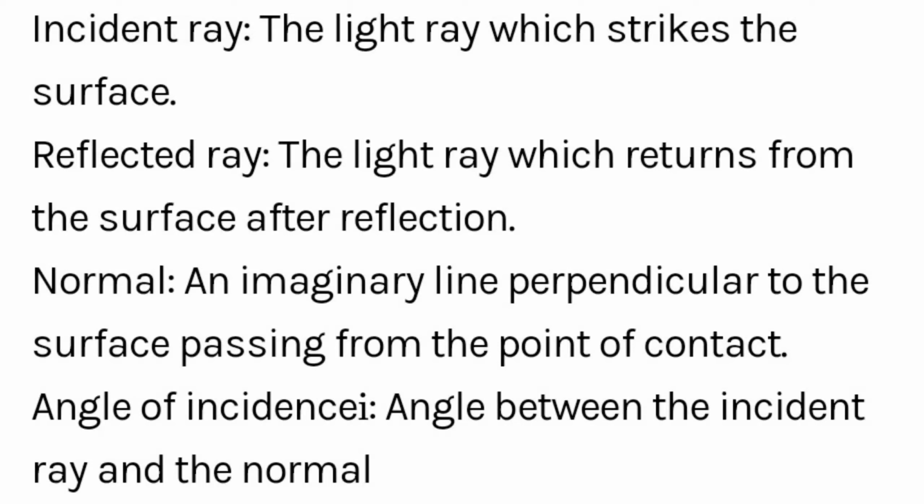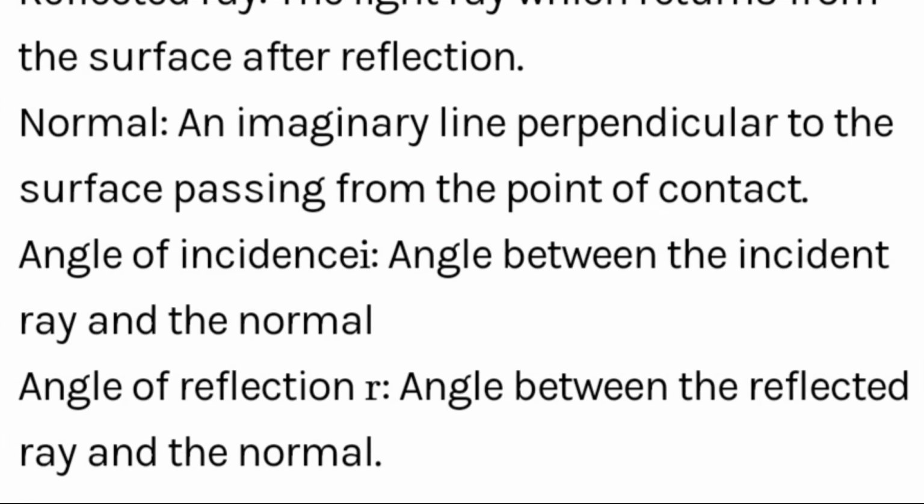Now the normal: an imaginary line perpendicular to the surface passing through the point of contact is called the normal. Now from the diagram you can also see what the angle of incidence is: the angle between the incident ray and the normal. And the angle of reflection is the angle between the reflected ray and the normal. So these are the basic things you have to keep in mind.